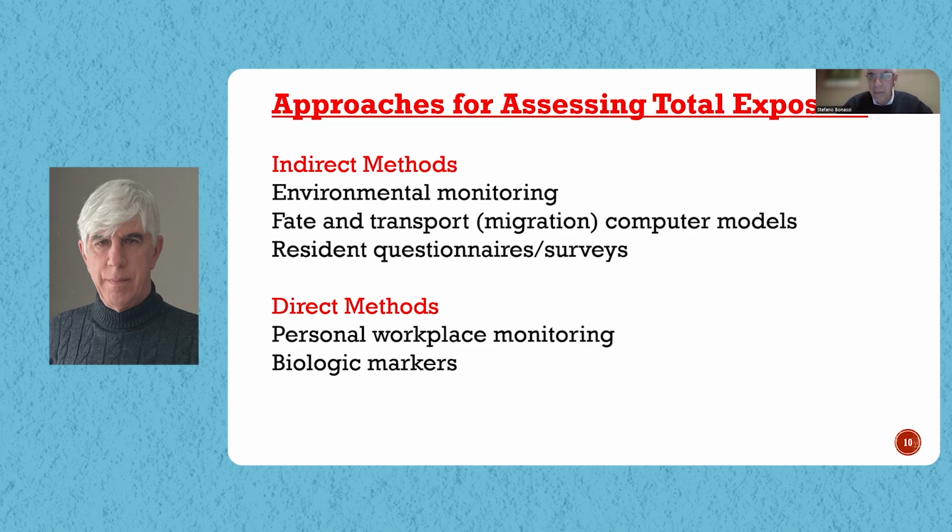I say individual level because we have personal monitoring, where we have personal samplers which are applied to the person. So we can have a very good estimation of the compounds that may have been breathed or ingested during the day. And obviously biological markers, which is the golden standard for a direct assessment.